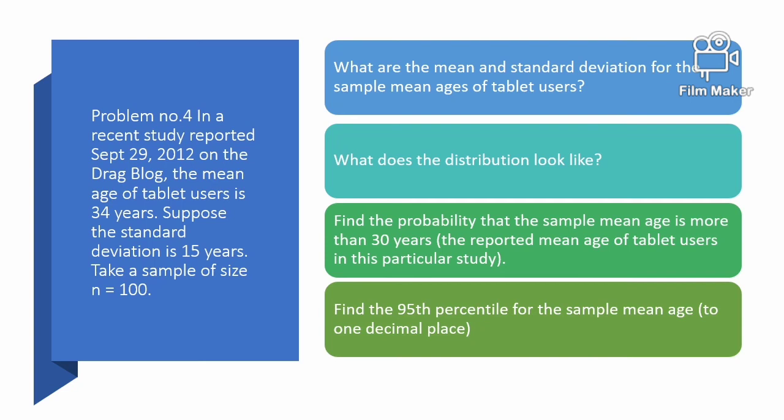What does the distribution look like? Find the probability that the sample mean age is more than 30 years. Find the 95th percentile for the sample mean age to 1 decimal place.